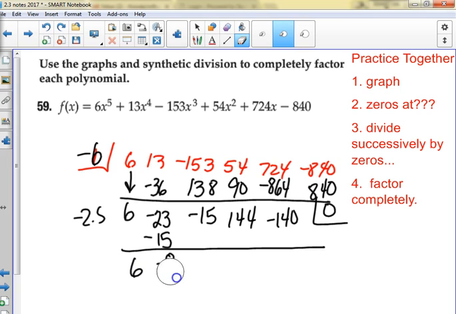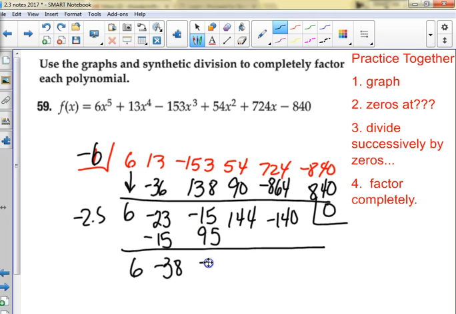So negative 15 and negative 23 is negative 38 times negative 2.5. So then I have 80 times negative 2.5. Negative 56 times negative 2.5.